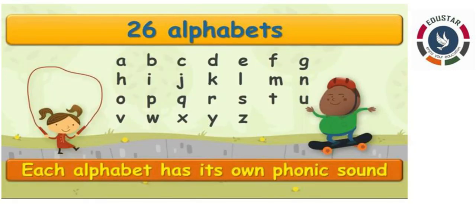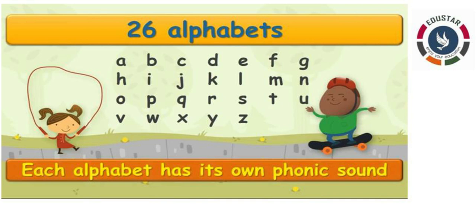There are 26 alphabets in the English language and each alphabet has its own phonic sound. For example, A says a, B says ba, C says ka and D says da and so on. All the alphabets have a unique sound.